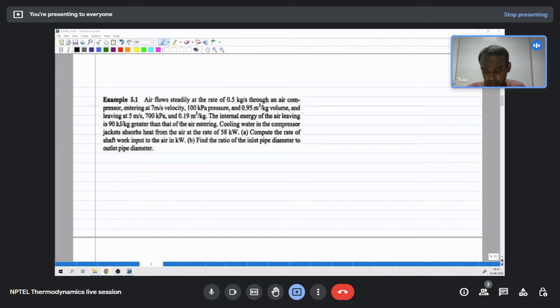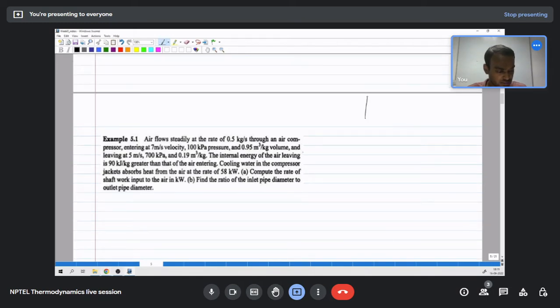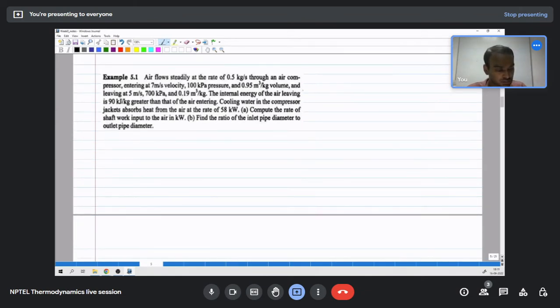Air flows steadily at a rate of 0.5 kg per second to a compressor. So drawing a compressor. So the m dot is given as 0.5 kg per second.